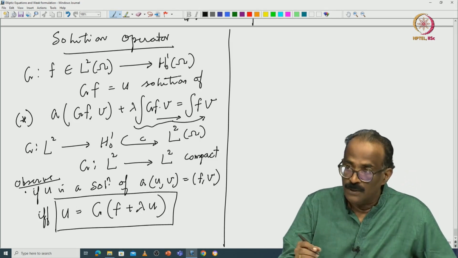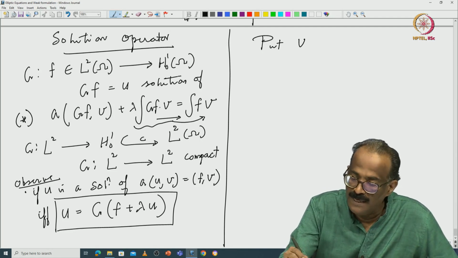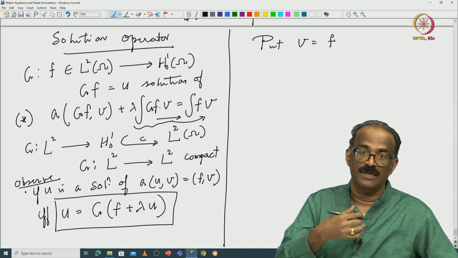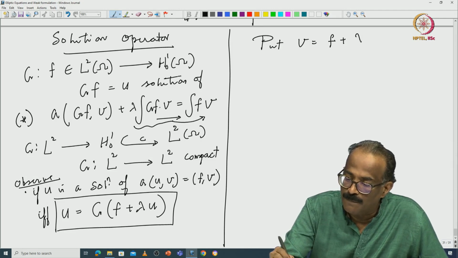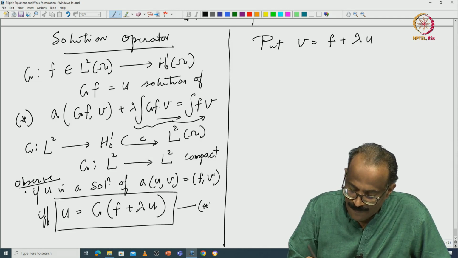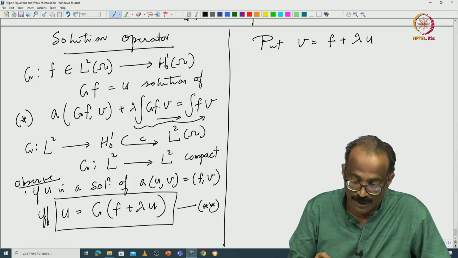Okay. So, put now v equal to f plus lambda u, I am just putting in the form which I want, the operator form, then your star is equal to double star.